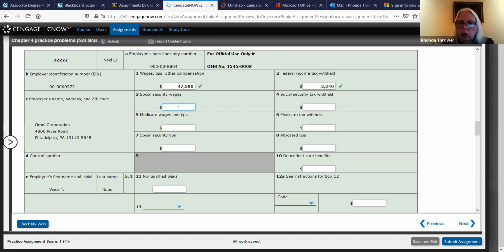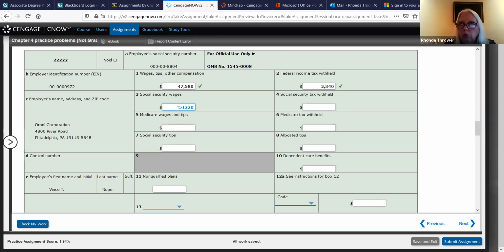Now, Social Security wages are your OASDI and your HI portion. We're going to take the full wages per week, which was $985 for this employee, and multiply that by 52 weeks in a year. When I did that, I got 51,220.